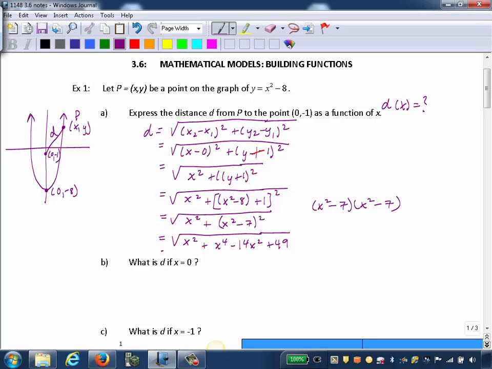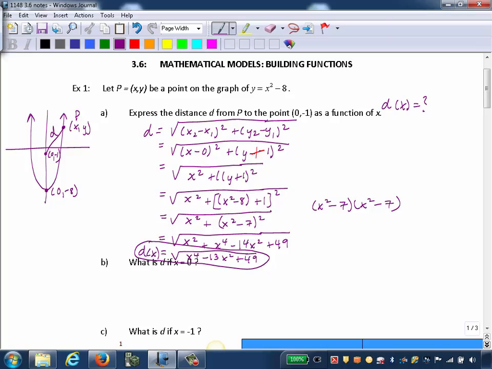Now if I collect my like terms, this is going to give us x to the 4th minus 13x squared plus 49. So my function, d of x, equals the square root of x to the fourth minus 13x squared plus 49.